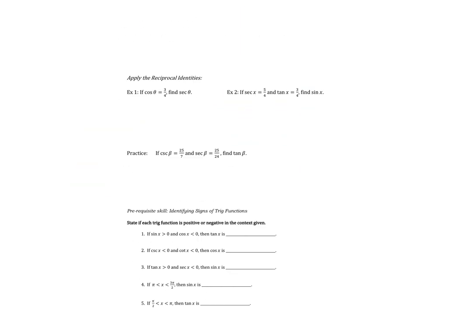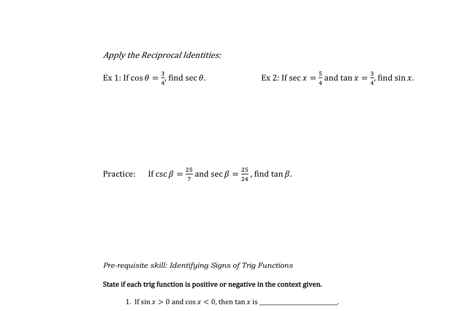Keep your reference sheet handy because now you don't have that in front of you because you've turned the page, right? The directions here say apply the reciprocal identities. We're going to use quotient identities here also, but these first examples say use your reciprocal identities.